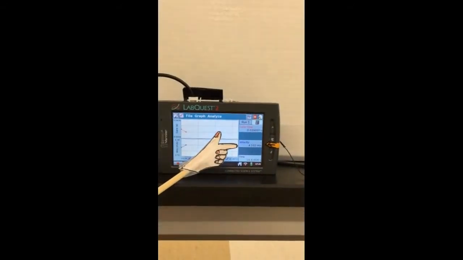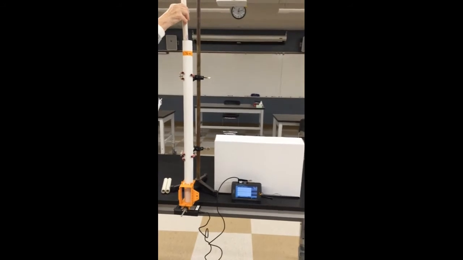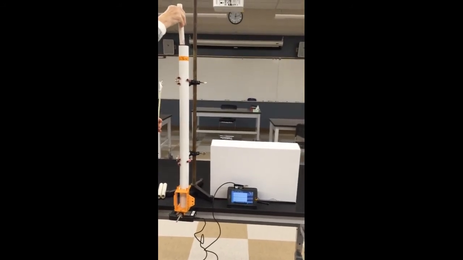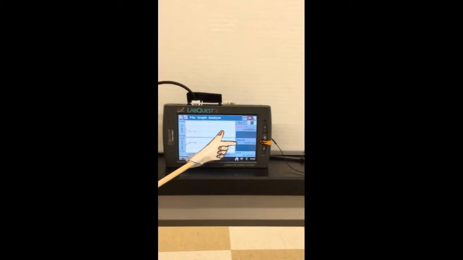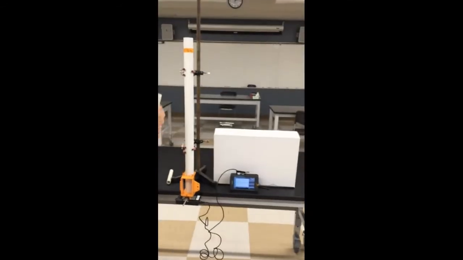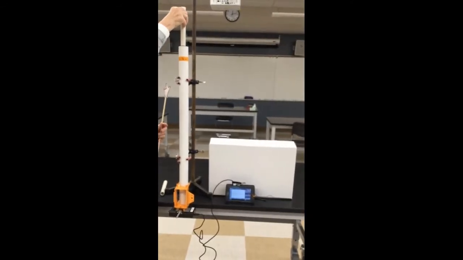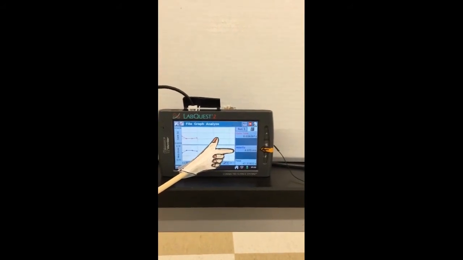The velocity is 4.102. Run 3. Velocity is 4.102. Run 4. 4.075.